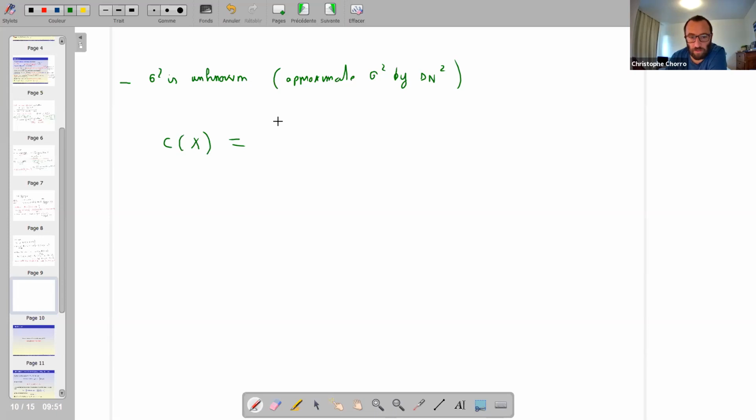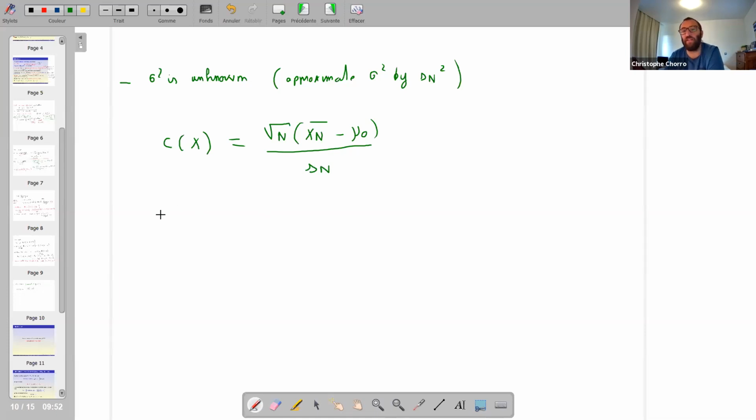So keep in mind that the statistic of interest in the case sigma square known was X_n bar minus mu 0 multiplied by the square root of capital N, divided by sigma. But here I don't know sigma, and what I will do is replace sigma by the square root of the corrected sample variance.